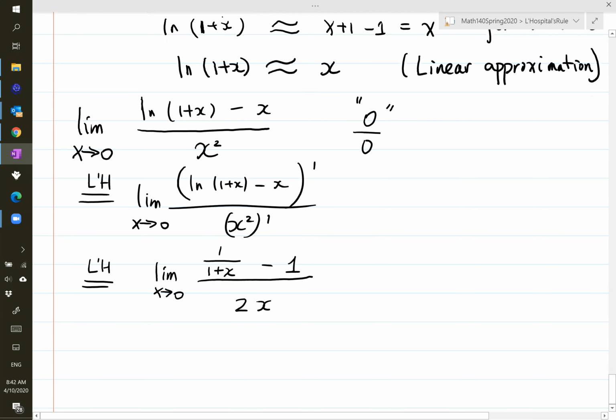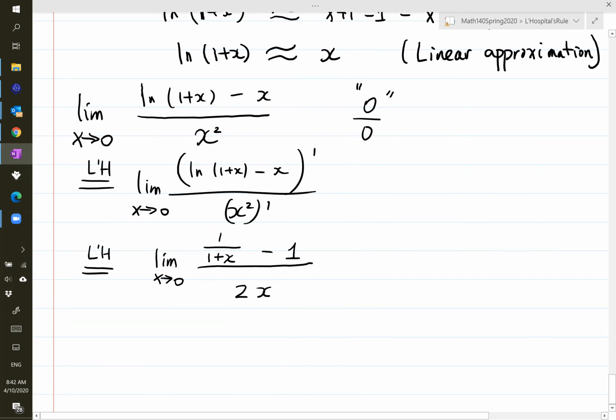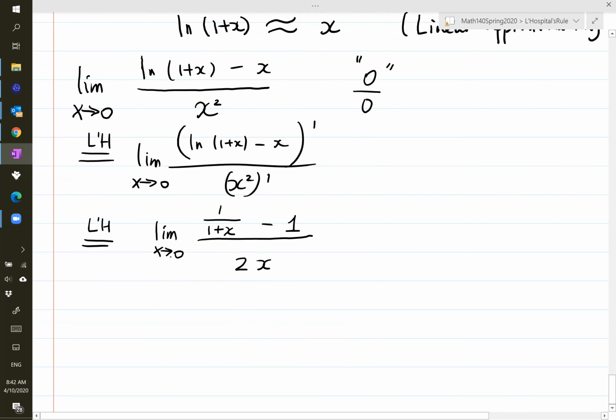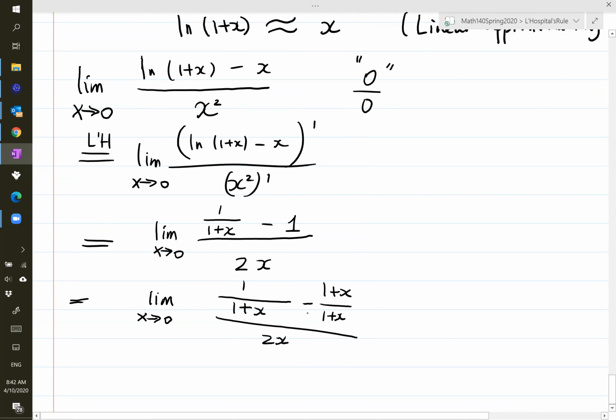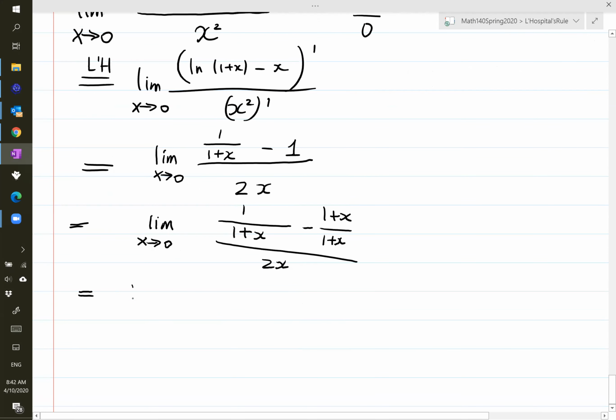Now here you check, what do you get is, you use algebra. If you use algebra, then what you get is a common denominator: negative x over 1 plus x, over twice x.